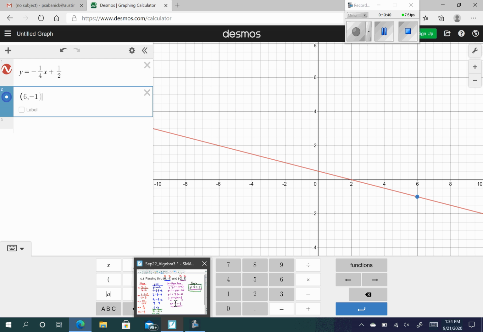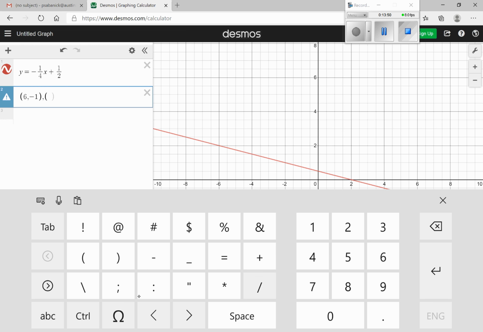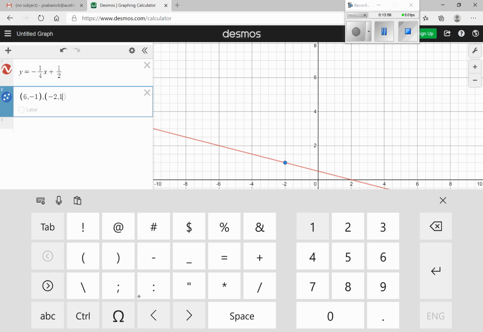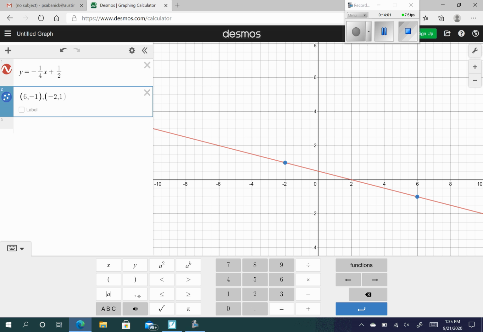Now you can type this right on the same line. If you hit comma right after that, and then our negative 2, comma 1. All right, so what we're checking to see here is that our line, that's what we were questioning, definitely goes through these 2 points, and that's a good way to check.